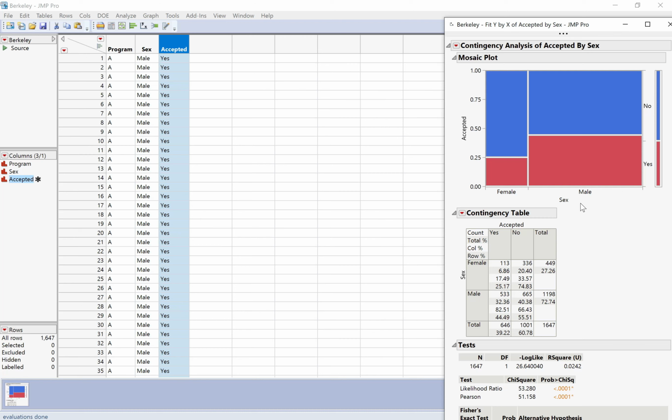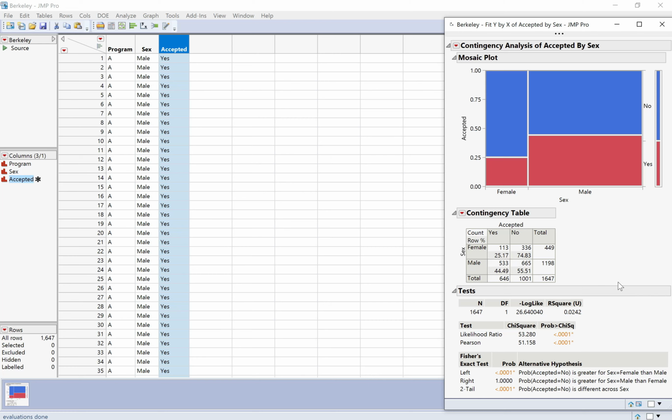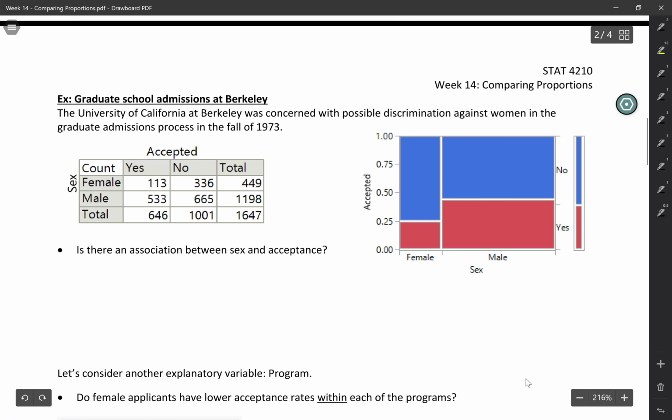I think this one is a little bit easier to read. And that makes it easier to see that male students are more likely to be accepted than female students. The acceptance rate is higher, at least. And if I look at just the row percentages, I can see what those acceptance rates are. So for female students, it's 25.17. For male students, it's 44.49. So to answer the question, is there an association between sex and acceptance? The answer would be yes, and that's because the acceptance rates are different, right?